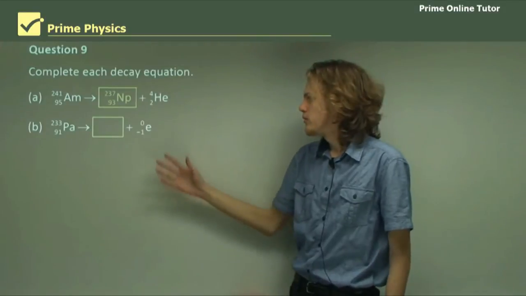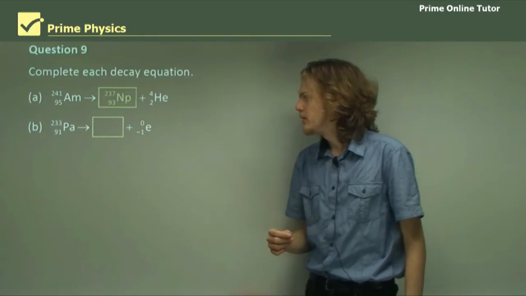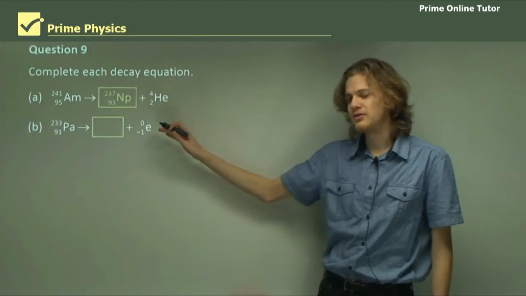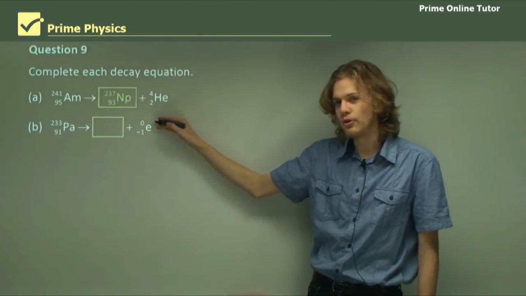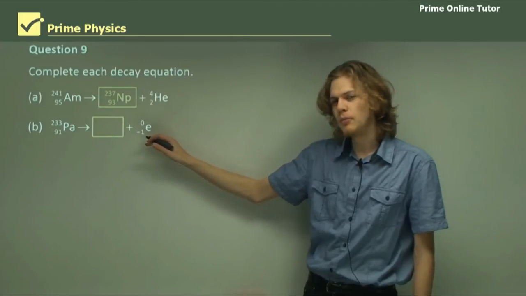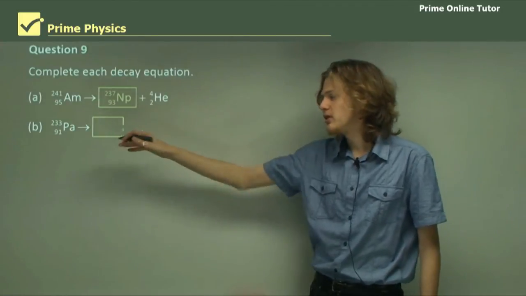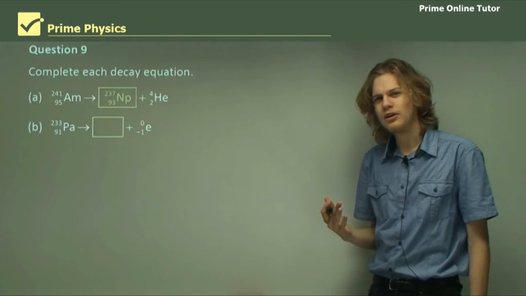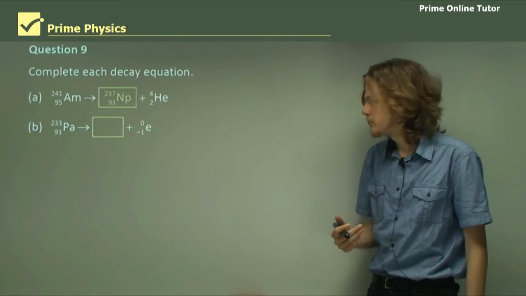B, 233 palladium undergoes beta minus decay. So its mass doesn't change, it's got to stay as 233, and its proton number will increase by 1, so that the charge is conserved. So what has an atomic number of 92? It's uranium.